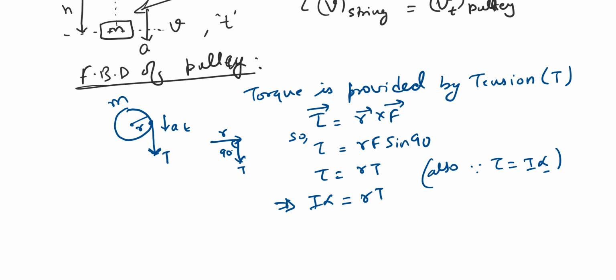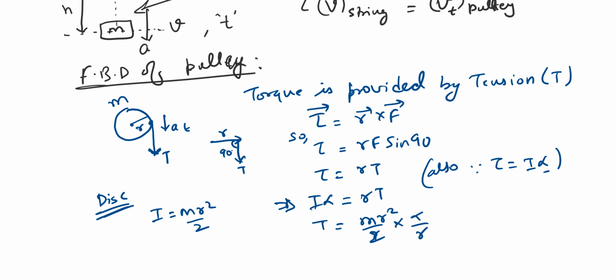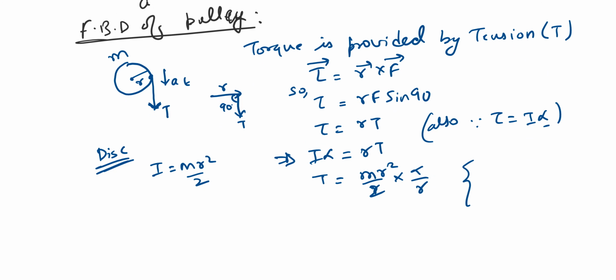So from here we get tension as I alpha by r. For a disk about its center of mass, the moment of inertia is mr square by 2. So we put the value: T is equal to mr square by 2 into alpha by r. Now we know that tangential acceleration is equal to alpha r.